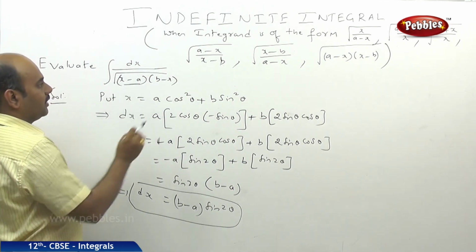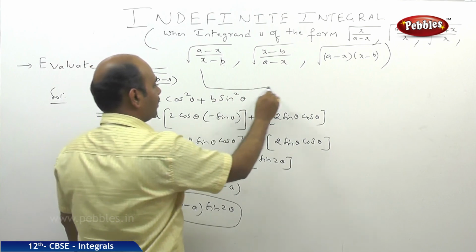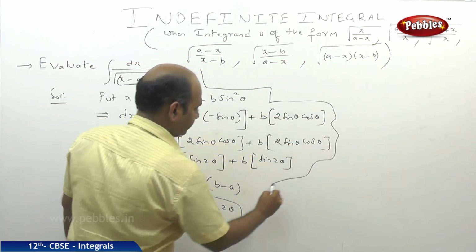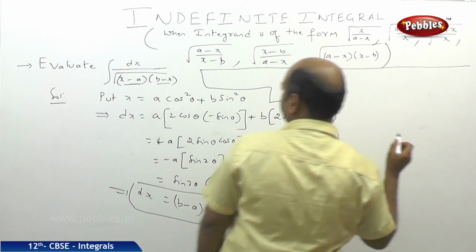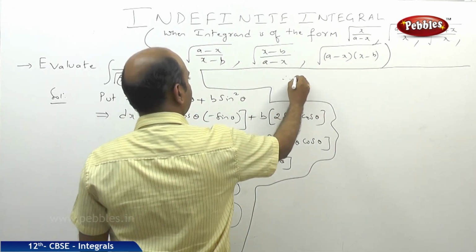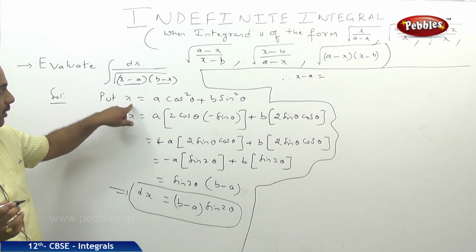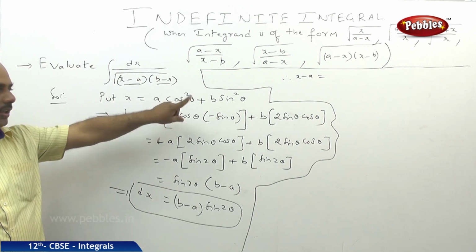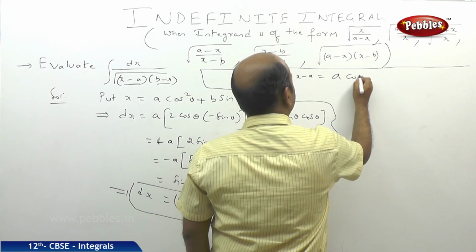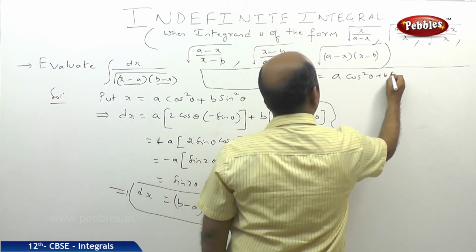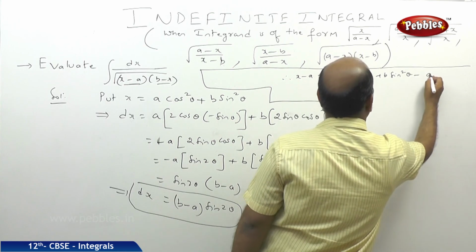Later, I will be calculating x minus a and b minus x. Therefore x minus a: in place of x I will be substituting a cos square theta plus b sin square theta, and here minus a.